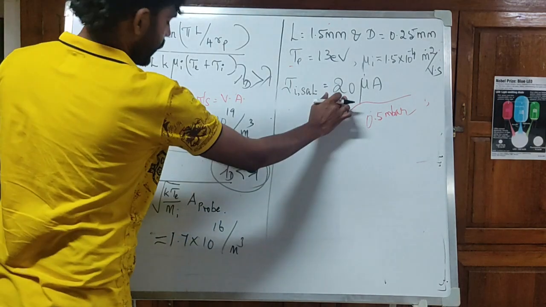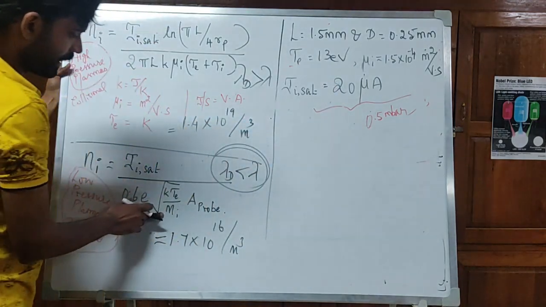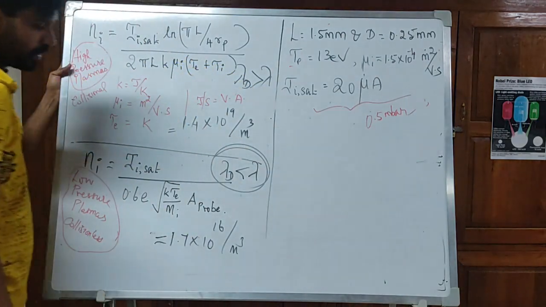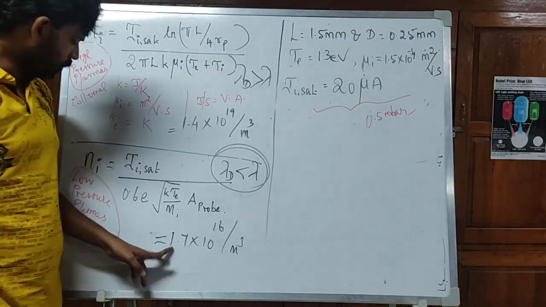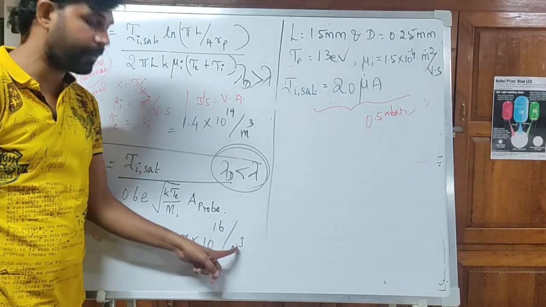I_sat is 20 microampere, electron temperature is 13 eV, and the area of the probe is estimated from this dimension. While plugging in these values, I found the number density to be 1.7 times 10 to the power 16 per meter cube.